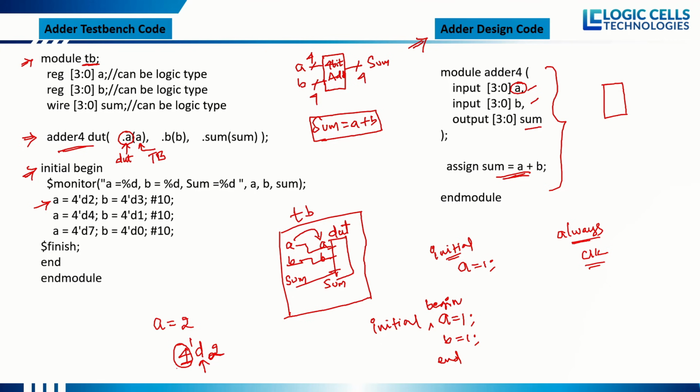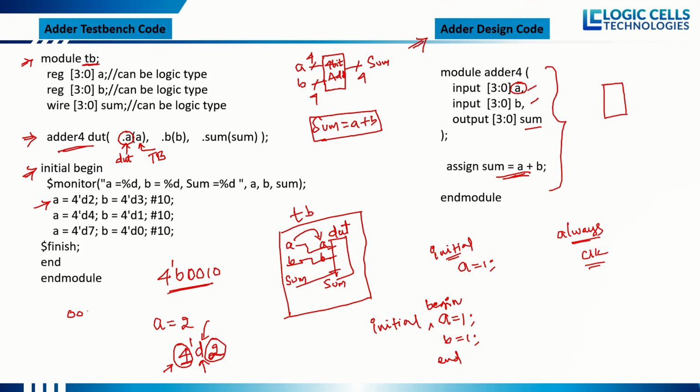Okay, 4-bit decimal. It is 4-bit in binary, but here I am providing a decimal value. So this D I am using. Suppose if I need to provide the values in binary only, then I will write 4 tick B. For 2 it is 0, 0, 1, 0. Correct? So like this you need to provide the binary value.